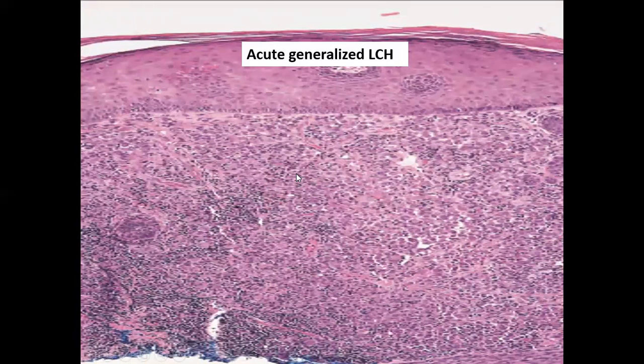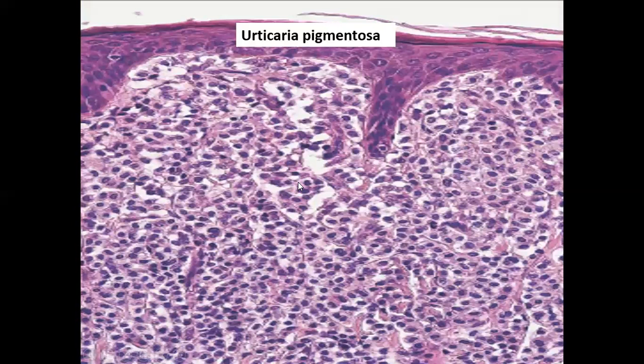So Langerhans cell and non-Langerhans cell histiocytosis can be differentiated by the particular morphology of Langerhans cell nuclei, that is cleavage, and by the help of other immunohistochemistry stains. Urticaria pigmentosa is characterized by sheets of benign-looking mastocytes, mast cells, and these mast cells are characterized by a central nucleus and a peripheral cytoplasm giving a fried egg appearance.